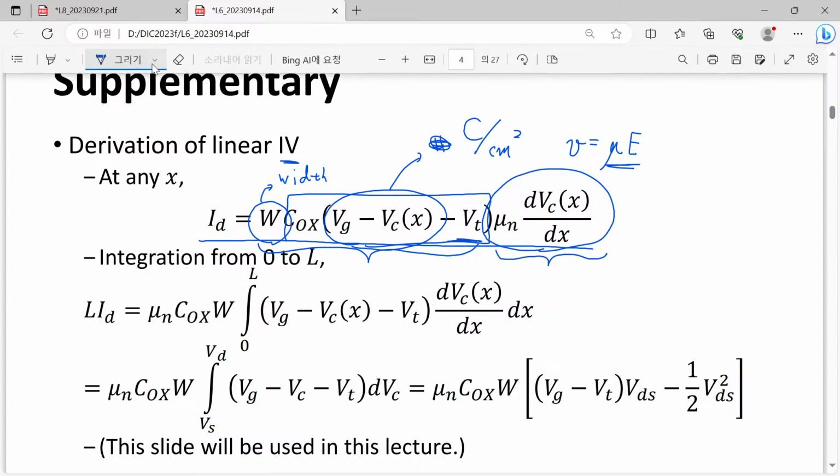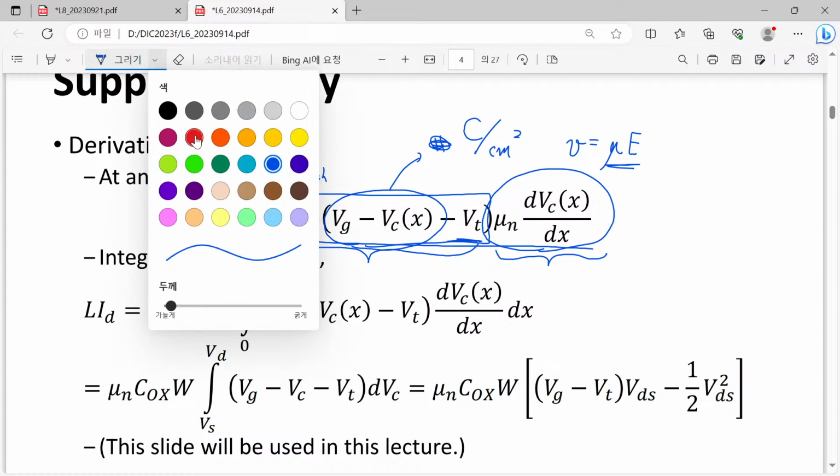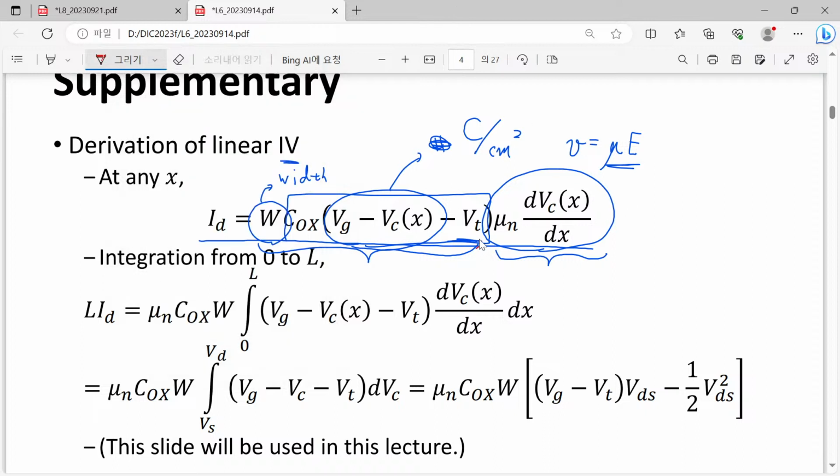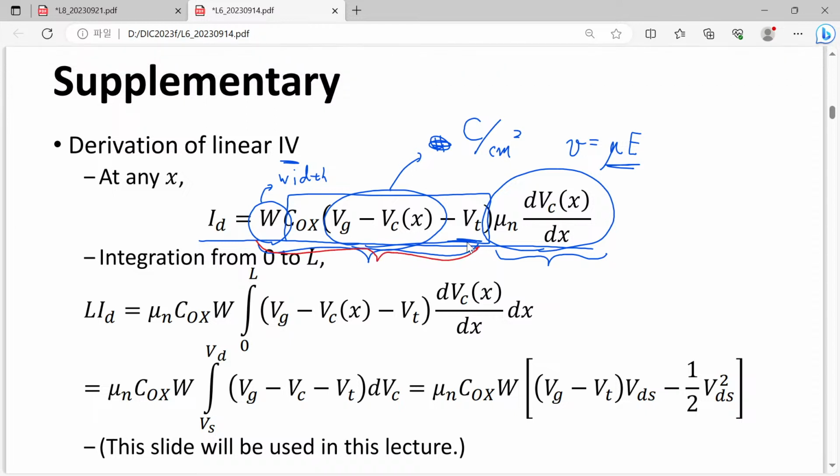Now I want to ask you, what should we do to apply our modification to this drain current expression? Should we change this collected electron expression? No, there is no change needed, because this is just a matter of how many electrons are there, and we are now talking about the saturation of velocity.